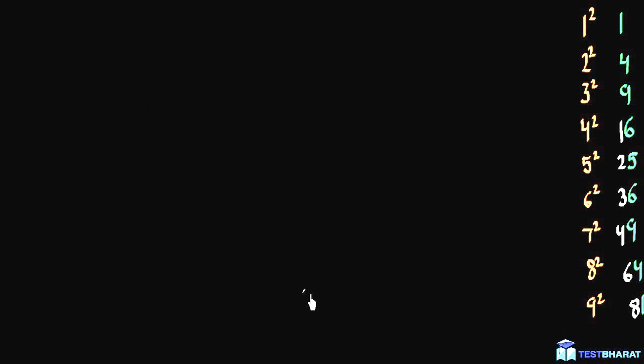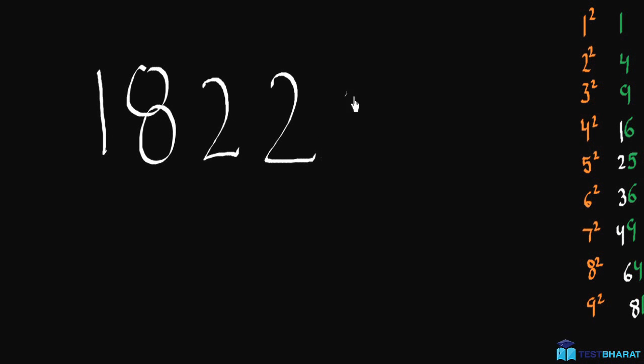So we can do one more example. 18225. Let's say we have to find out the square root of this number. Similar in the steps, the first step is the same. We find the last digit here is 5, and we have the last digit as 5 in this.